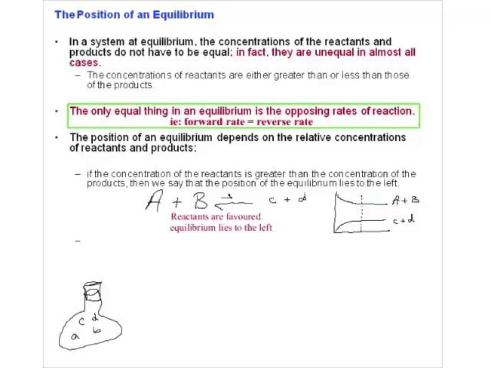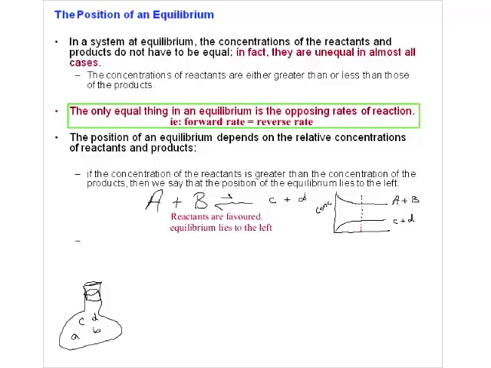So if this was concentrations on the y-axis here, we want to be able to look at the relative concentration of A and B versus C and D. So A and B are the reactants. So what we're saying, once this equilibrium is achieved, we know that equilibrium is established because it levels off and the concentrations now become stable. But the concentrations of A and B have stabilized at a much higher level than C and D. So we would say the reactants are favored. The concentration is higher at equilibrium.